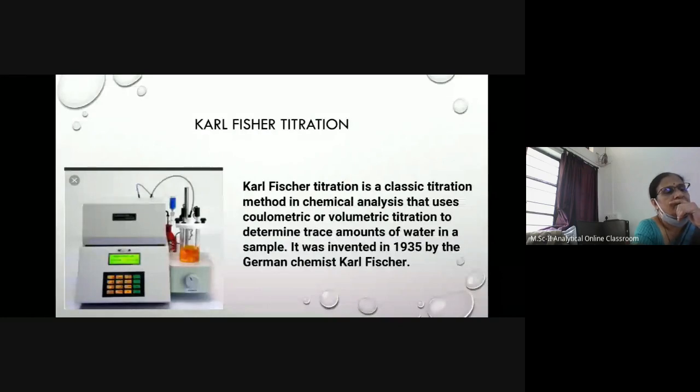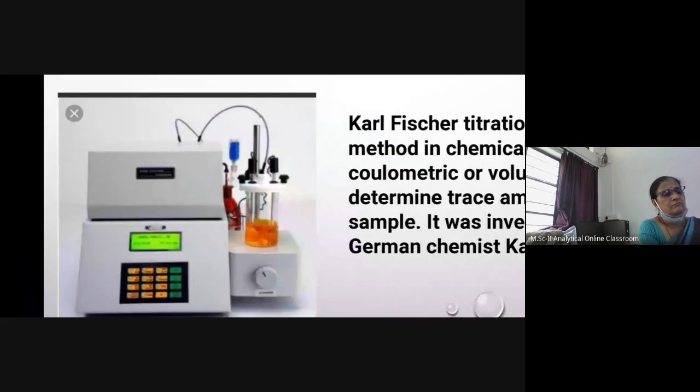After that, I learned to use the Karl Fischer titration. We all learned this in our third semester. This machine is used to calculate the moisture of our sample. It has two types: volumetric titration and coulometric titration. I have learned the volumetric titration here. It has a reagent which contains iodine, a solvent, and sulfur dioxide.